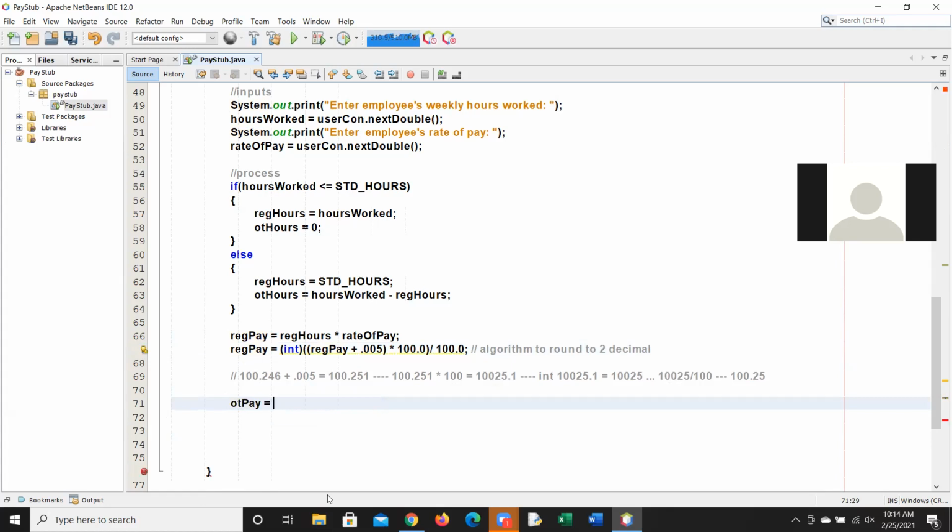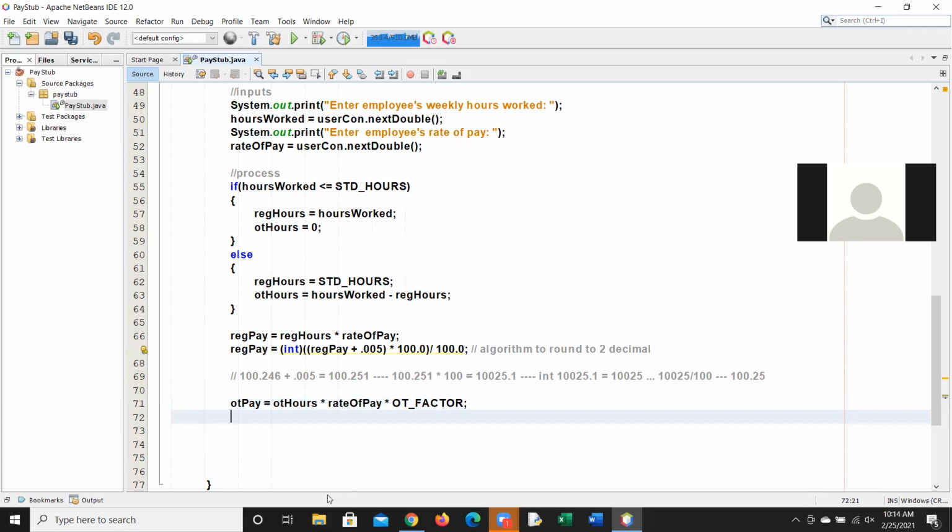OT pay is nothing more than OT hours times the rate of pay times the OT factor. And next I'm going to say my OT pay is equal to, and I'm going to go up here, copy this, paste it down here, change this reg pay to OT pay. And I'm done with that one.